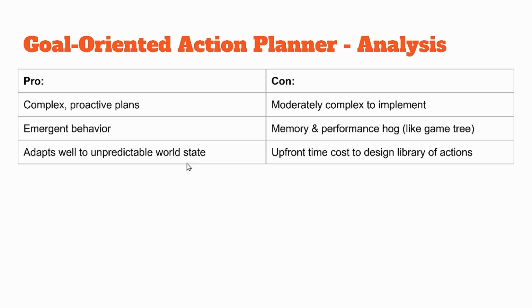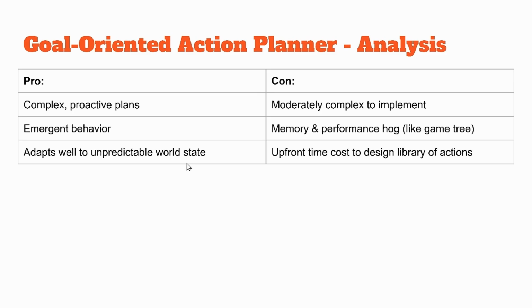So the pros of this is that you can really create the most complex proactive plans of all of these techniques that I've described so far. You can get really interesting emergent behavior. F.E.A.R. was famous for that, with AI doing all kinds of creative things. And it adapts well when the world state changes because it is generating these plans based on the world state.